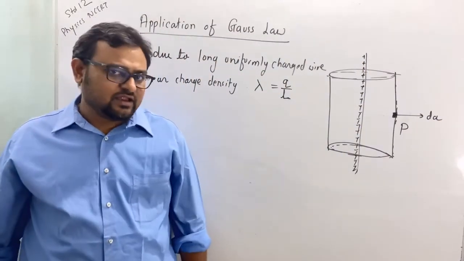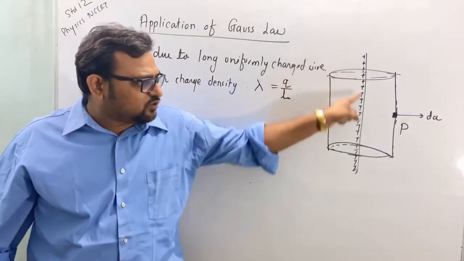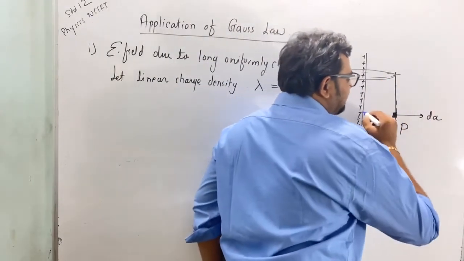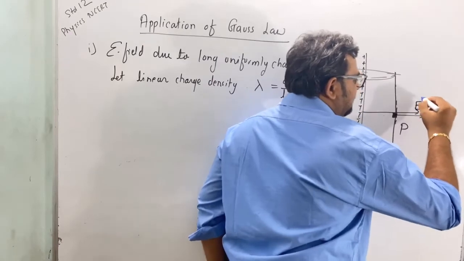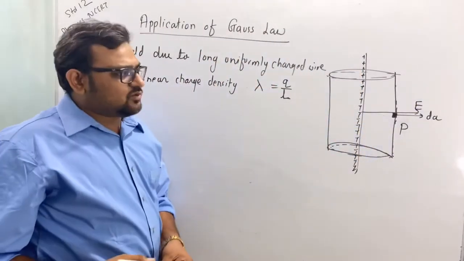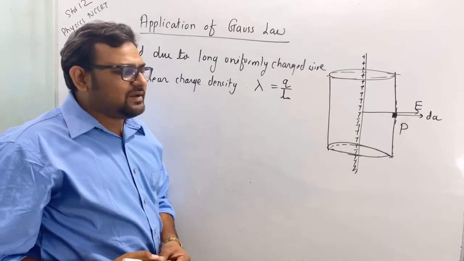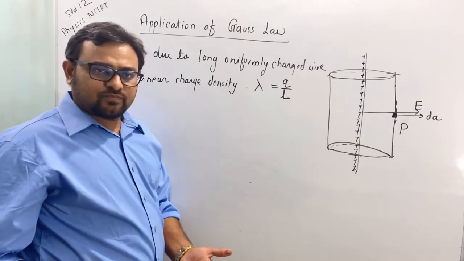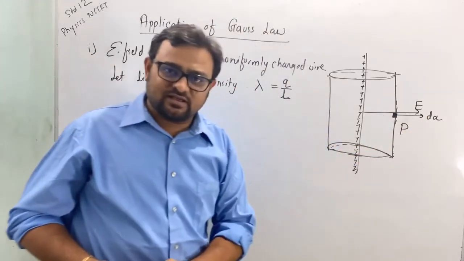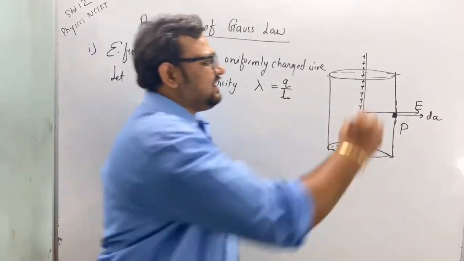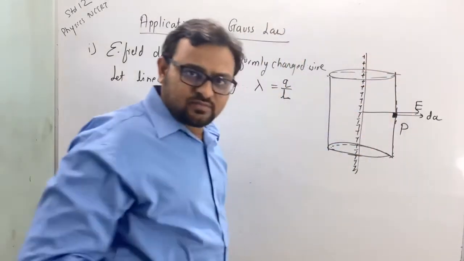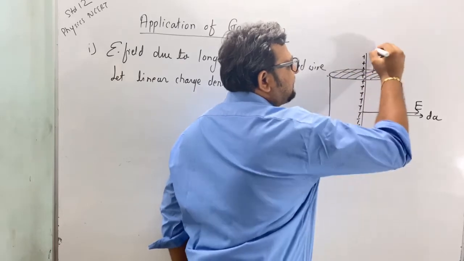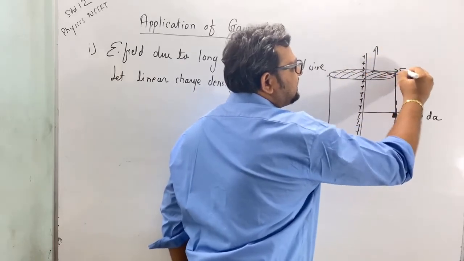The electric field due to this positive charge will be in this direction, so the direction of the electric field is also in this direction. Now what is the angle? The angle between E and dA is 0 in this case. If I take any area here, the area vector will be in this direction, and the electric field direction will be in this way.